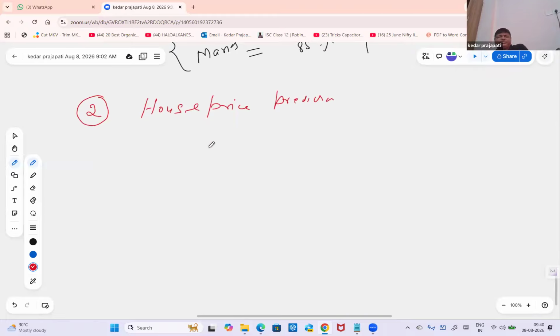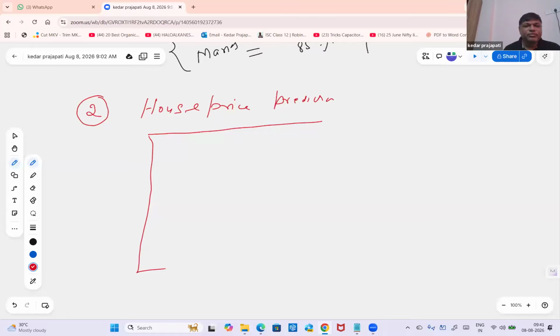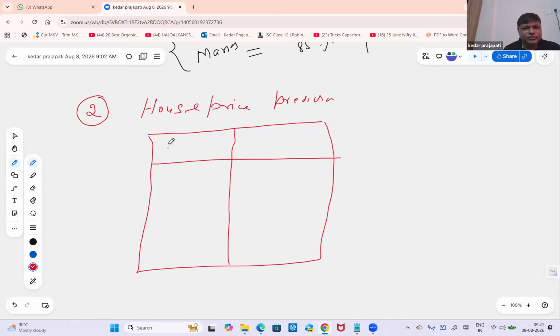So let us draw a data set. House price prediction data set will be looking like this. I'll first draw a smaller one. So the label data may be square feet and then price.